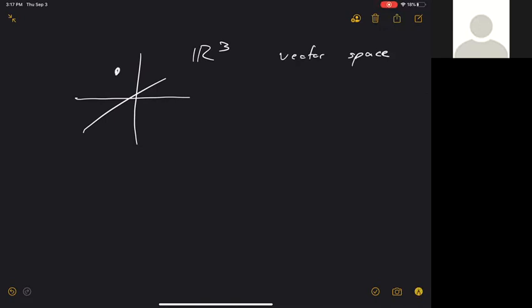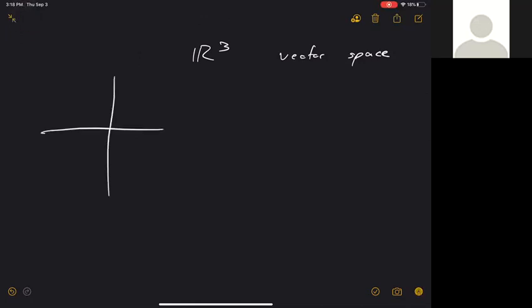So when I think about this element of R3, this point, that's just a vector in R3. So I don't see any difference between vectors and points, and I use the terms interchangeably. Any point we could think of as a vector. If I'm looking in R2, this point here is also a vector with its base at the origin. So I think of all points as vectors and all vectors as points. Just a little note.